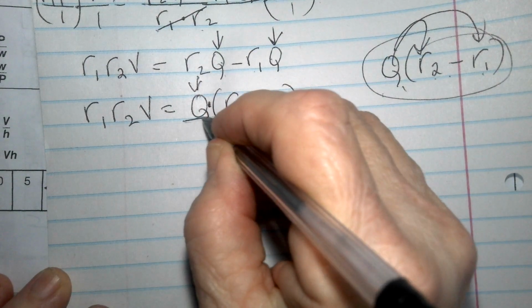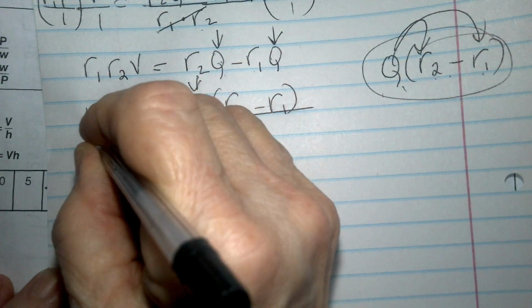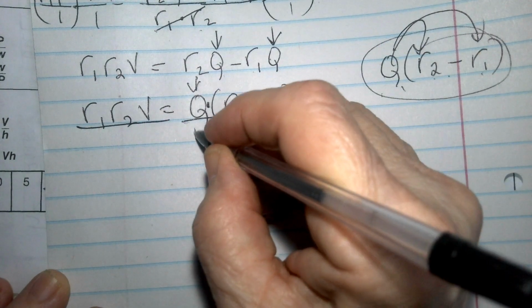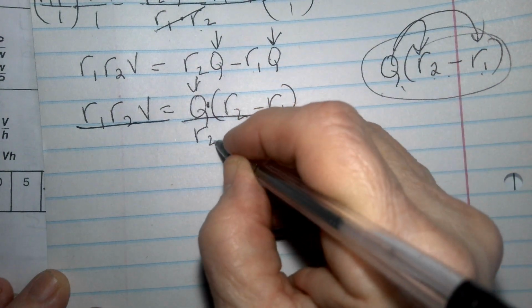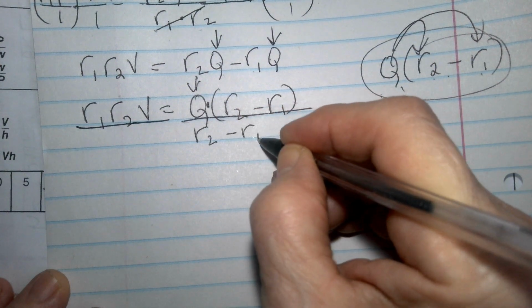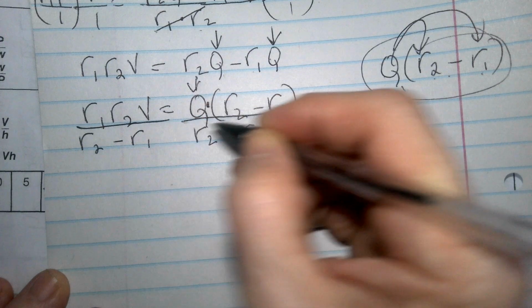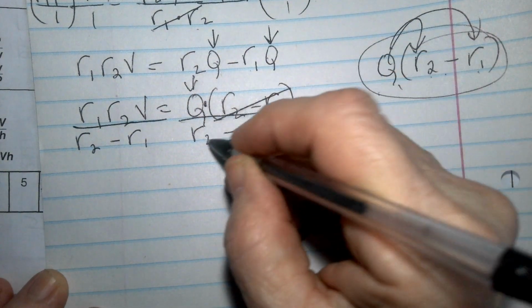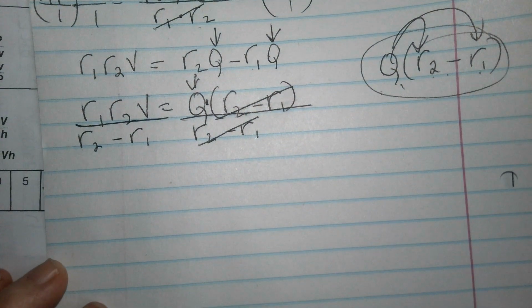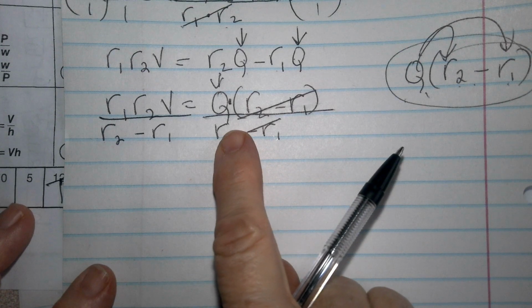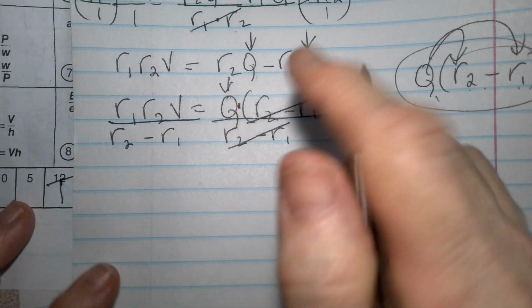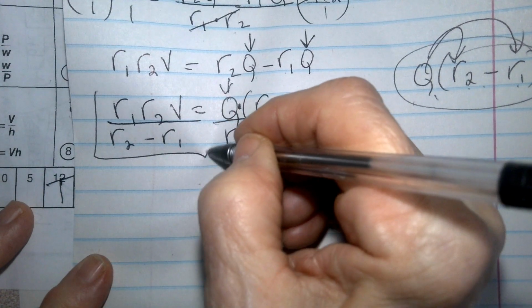Division. So we're going to divide it through by R2 minus R1, R2 minus R1. And I think that's it. So our single Q is equal to this.